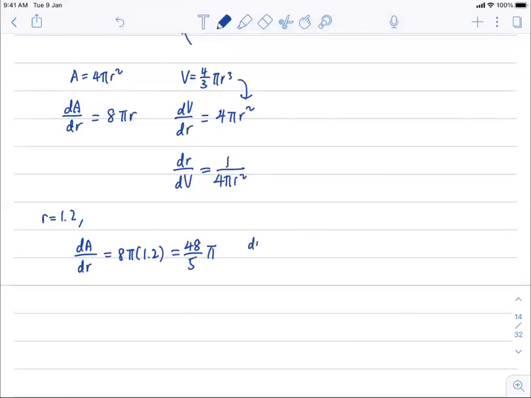On the other hand, dr over dV is equal to 1 over 4 pi 1.2 squared.